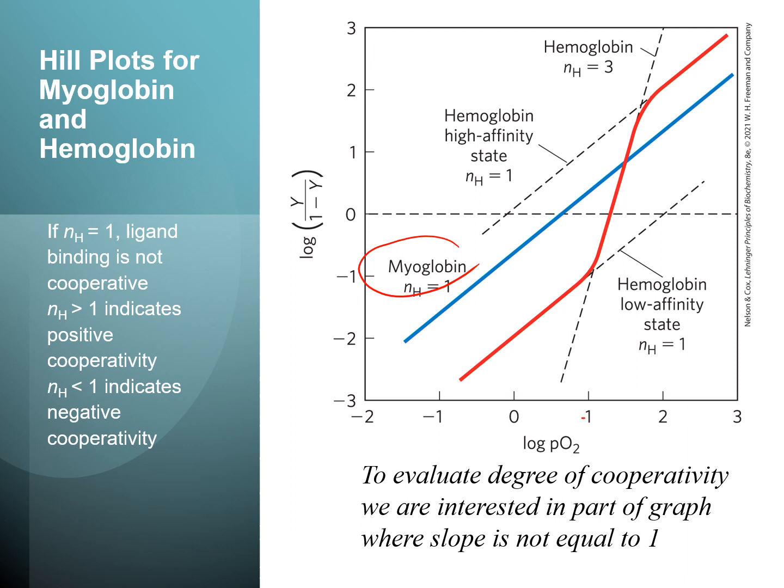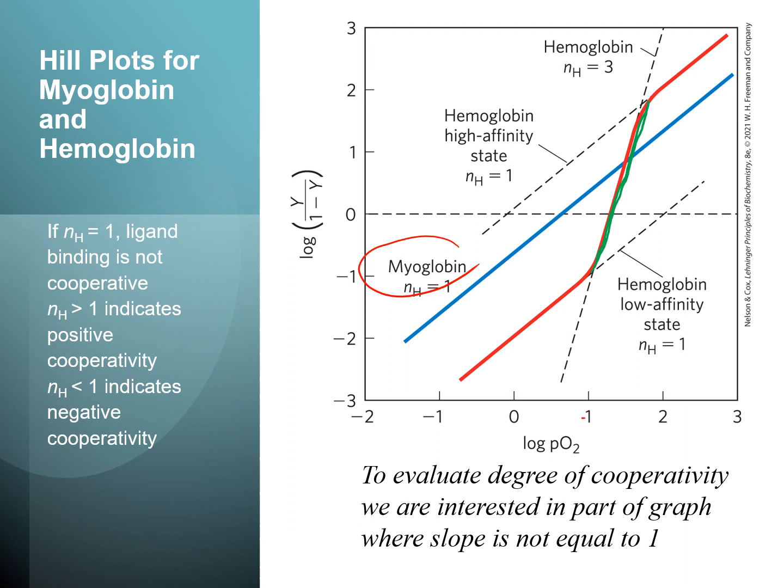And the part of the graph that we want to zero in on to understand what our NH is, is this part right here, because this is where the slope has actually departed from NH equals 1.